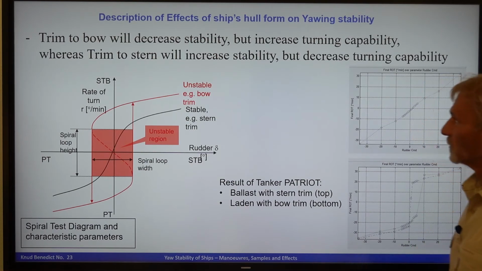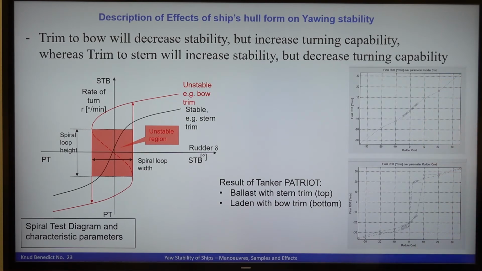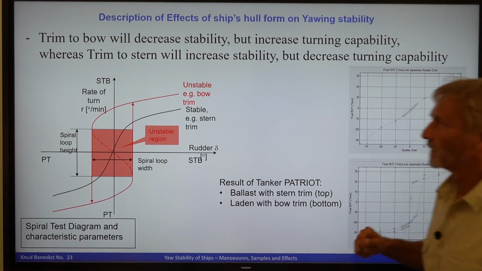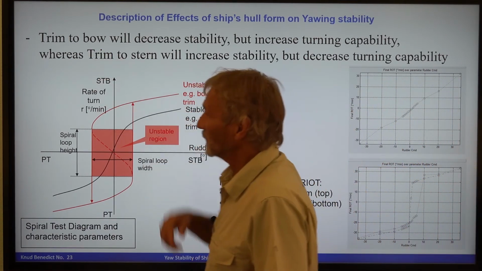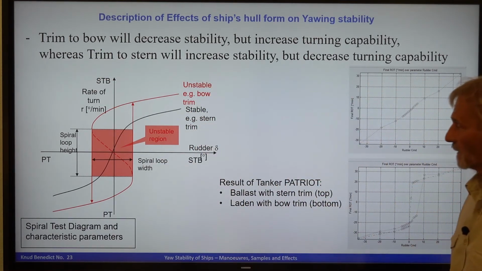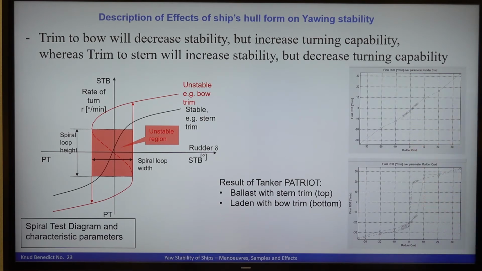What I want to show here is the effect of trim. And here you see two results from a tanker, the tanker Patriot. The upper one is in ballast condition with trim to stern.